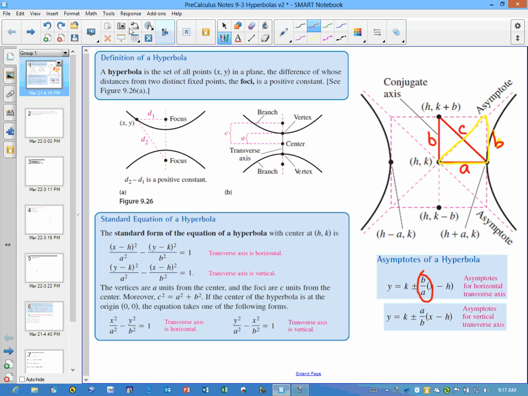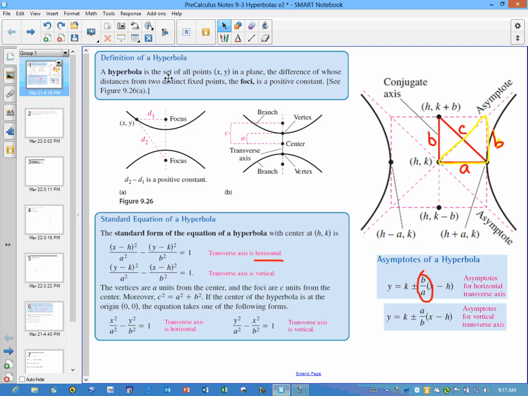So looking at our models here, the horizontal model is the exact same thing as the ellipse model, except it has a minus instead of a plus. With the ellipse model, we would flip-flop the A and the B position back and forth to differentiate between a vertical and horizontal model.